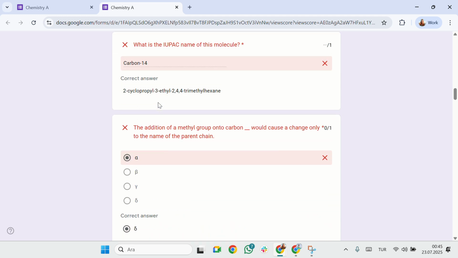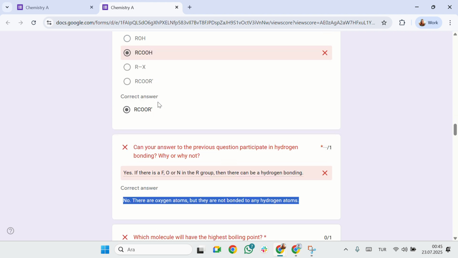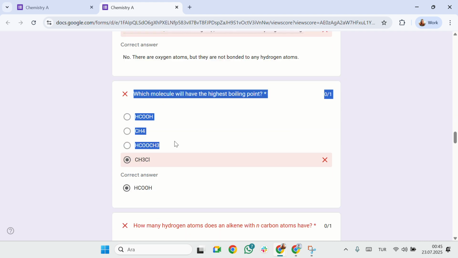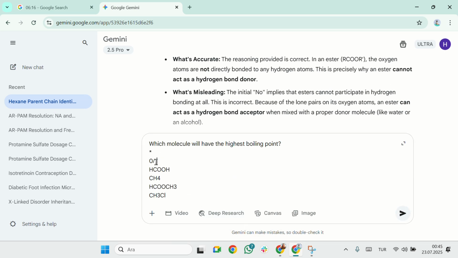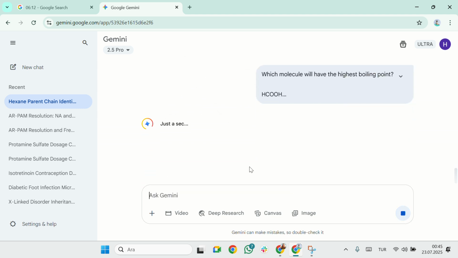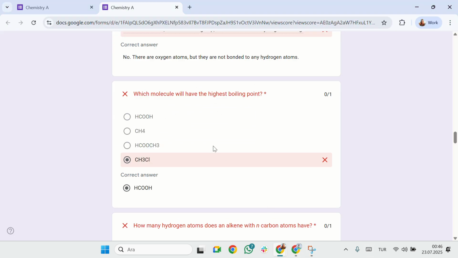Did I miss something in here? No. Let's see. Which molecule will have the highest boiling point? Let's ask this. Highest boiling point.